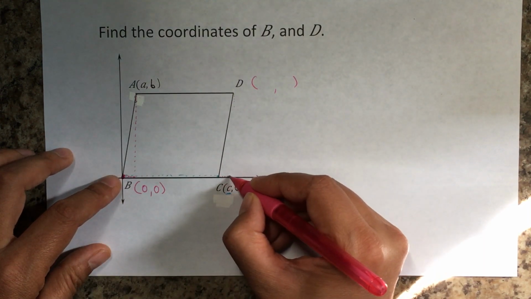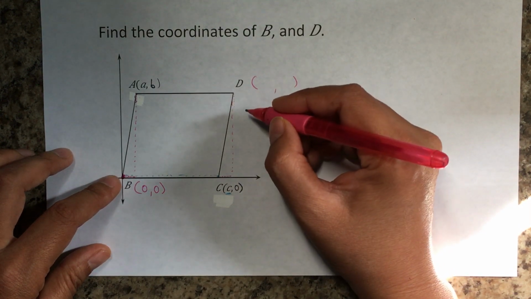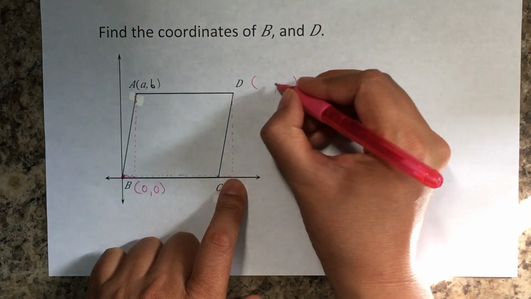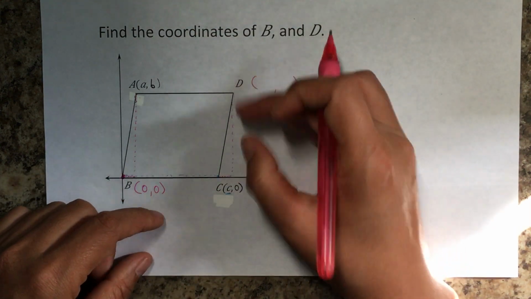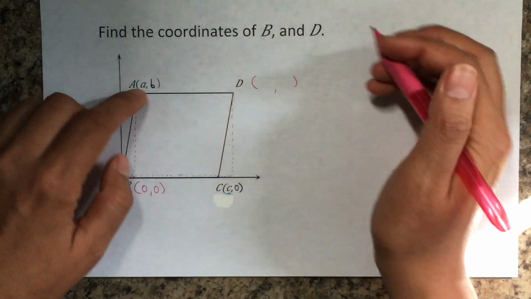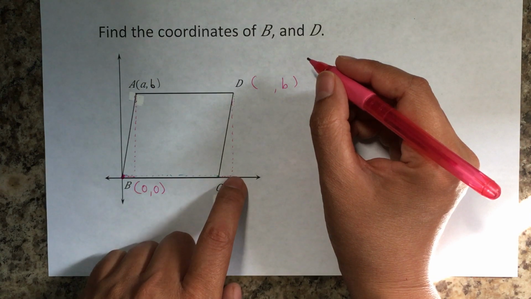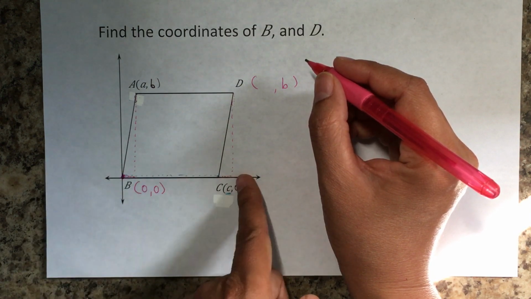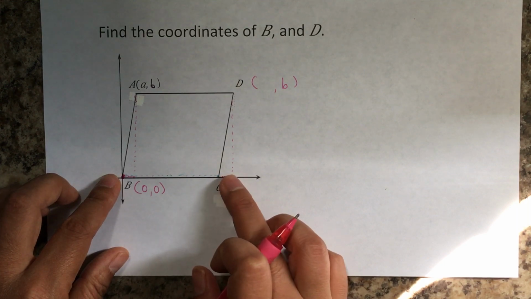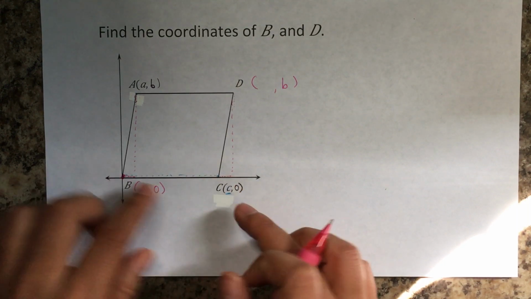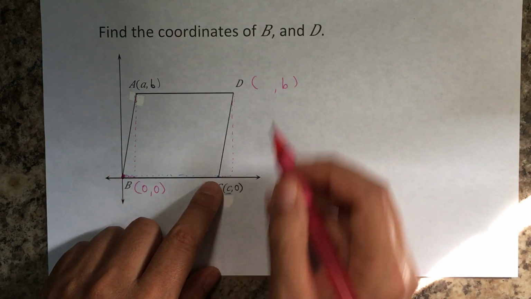So this is the same as A and then B. Okay, so I know easily that for Y, it goes up the same distance, so it's going to be B. However, what's going to be for X? Well, it's this much and then this much also I had to travel. So how much is from here to here? That's C.